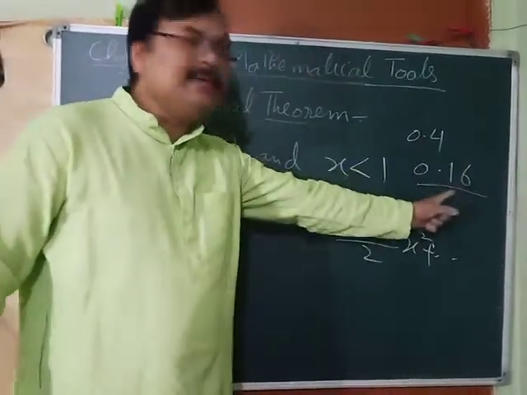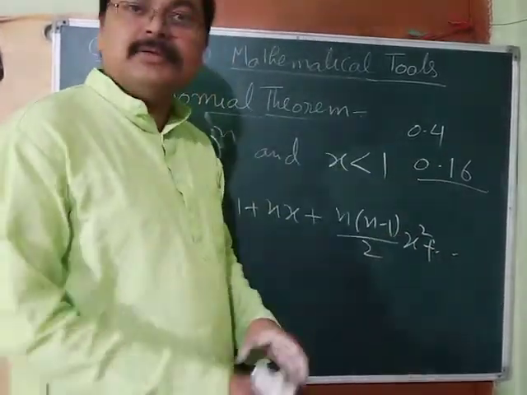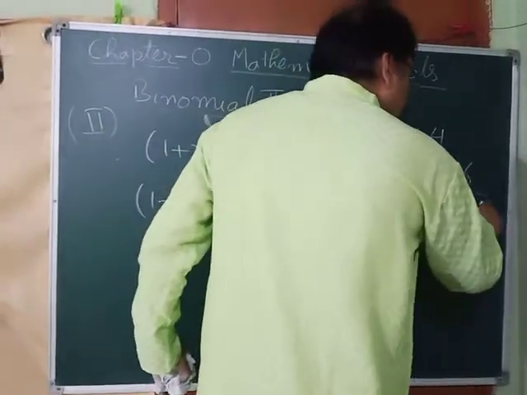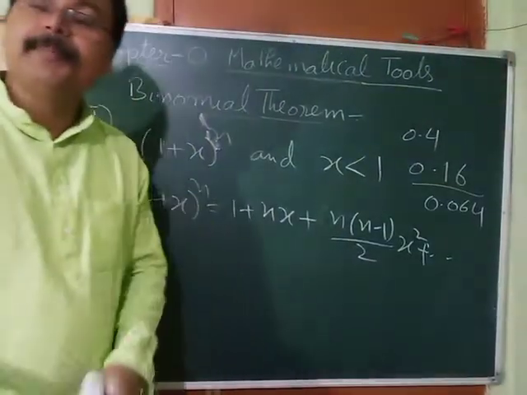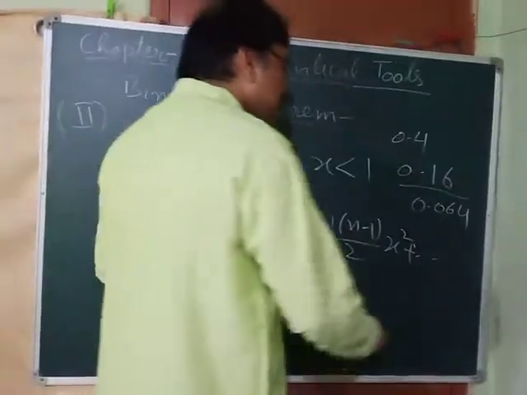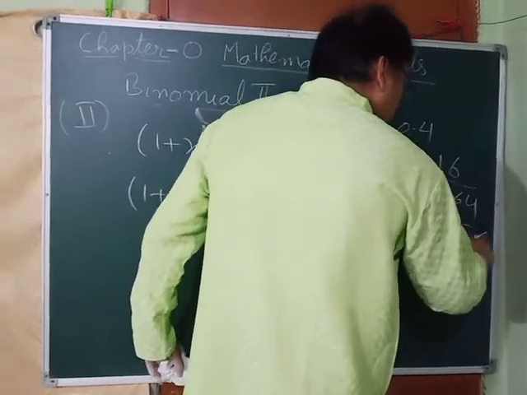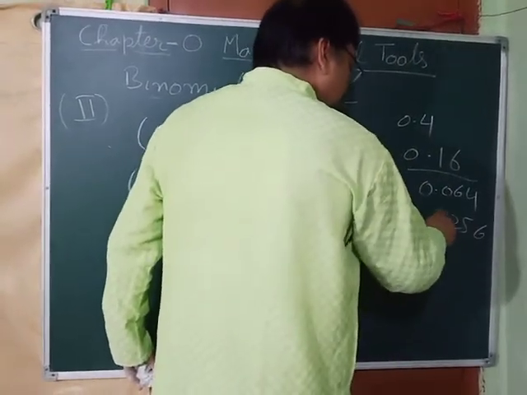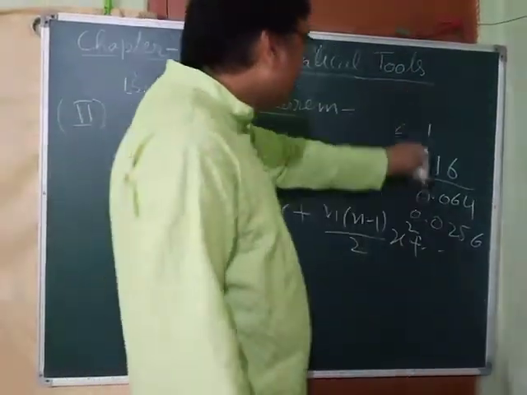See, it is decreasing. In the next term you will get x cube, which is 0.064. If you get x raised to the power 4, it becomes even lesser. So it will keep on decreasing.